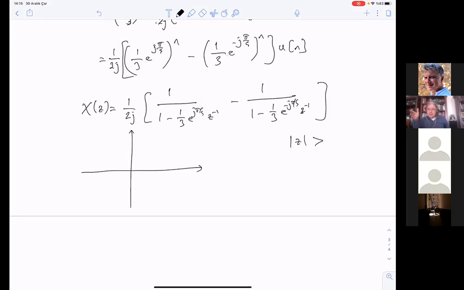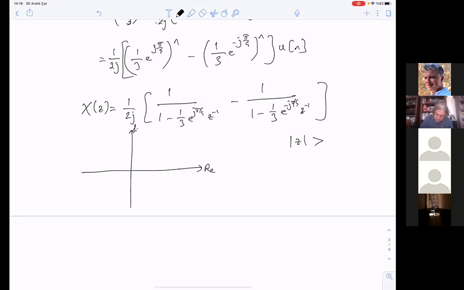It's a right-hand sided signal. So the region of convergence is outside a circle. The magnitude of z is the radius, and the radius is greater than some value. What is that value? Can you see it? If you can see it, I will keep an eye on the chat screen so that you can tell me the result. But meanwhile, I will continue with the discussion.